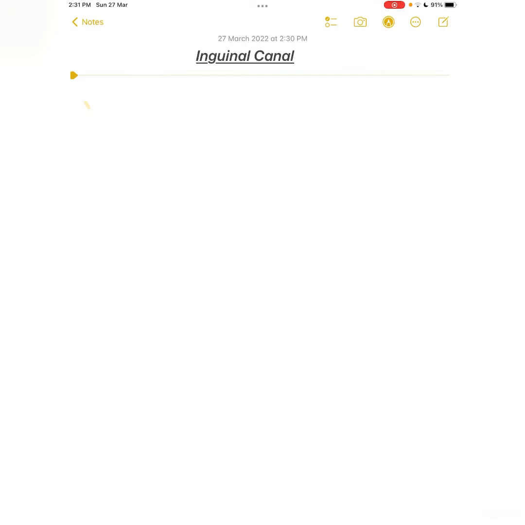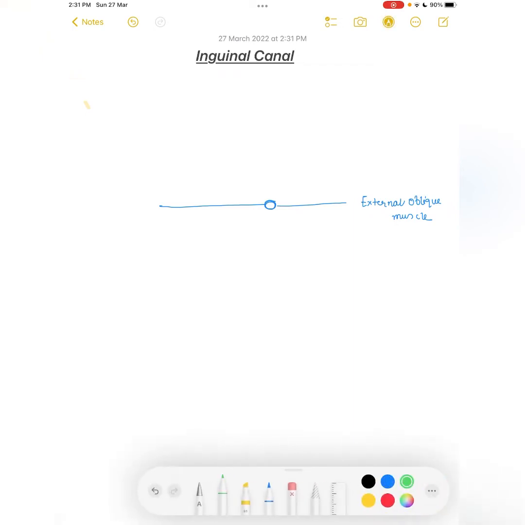For the sake of understanding, suppose this is the superficial inguinal ring here, and this is the external oblique. Suppose this is the inguinal canal.